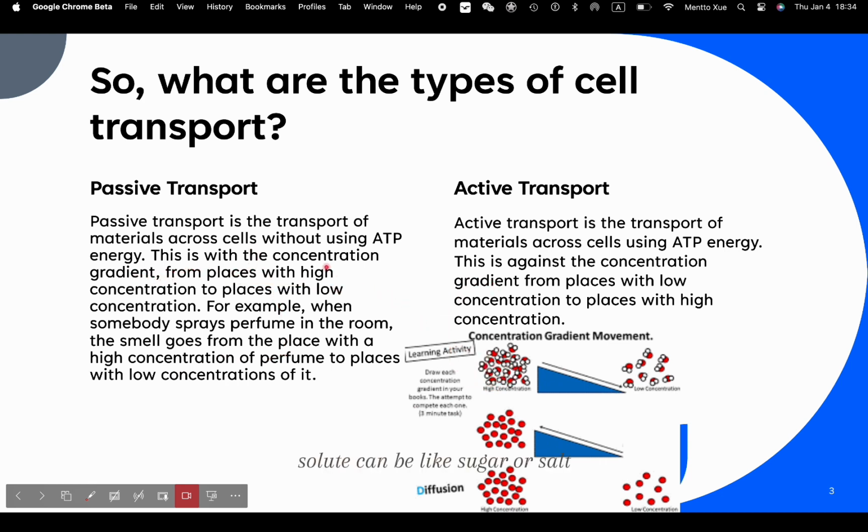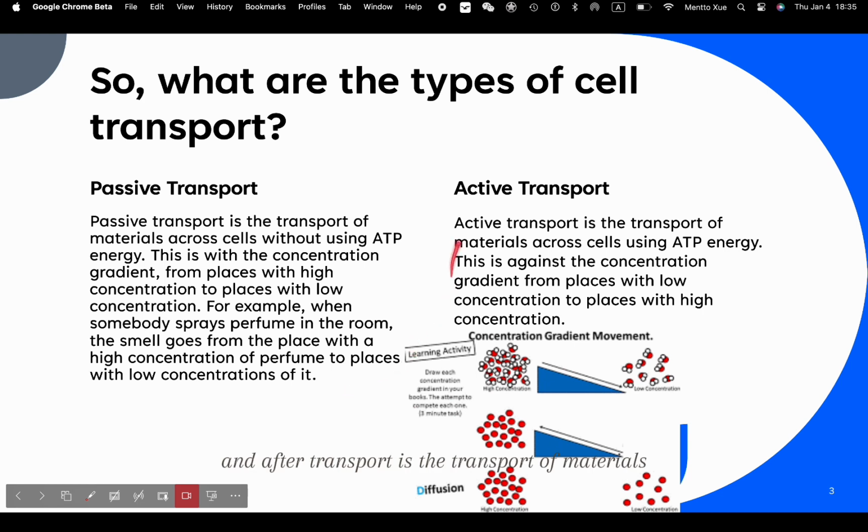Solute can be like sugar or salt or glucose even, and solvent can be water. So for example, when somebody sprays some perfume in the room, the smell goes from that place where that person sprayed the perfume, which has a high concentration of the perfume, to places with low concentration of it, which is to other places of this room.